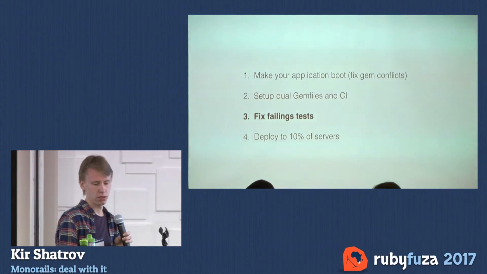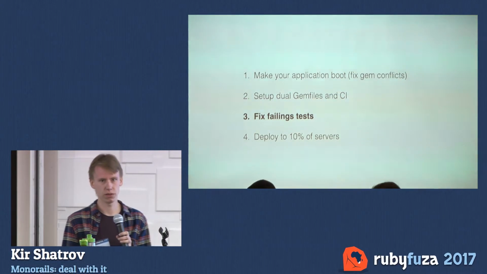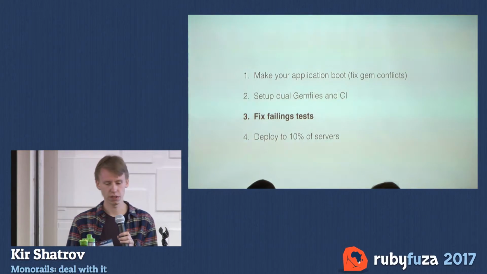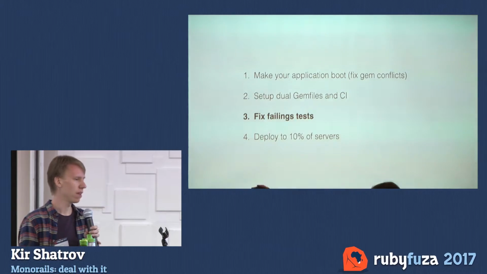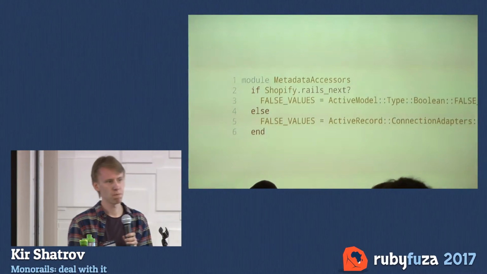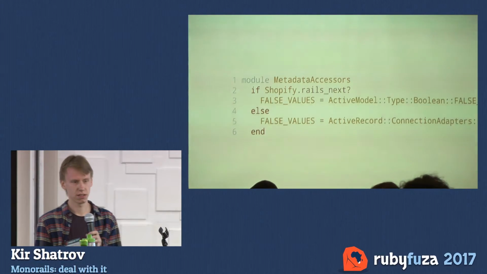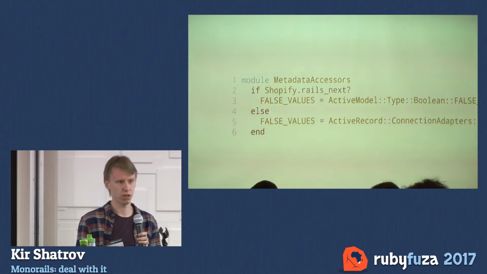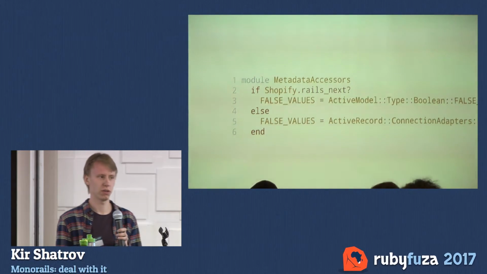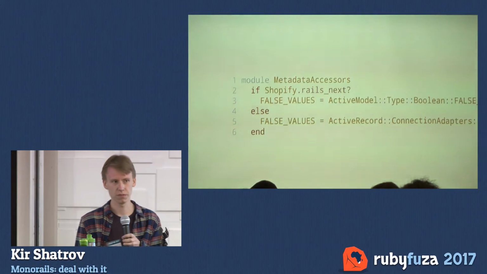Then we fixed all tests that were failing in Rails 5. And what's even more important on the second step, we run CI that runs the tests on both Rails versions, and developers could be sure that their code works on both versions.